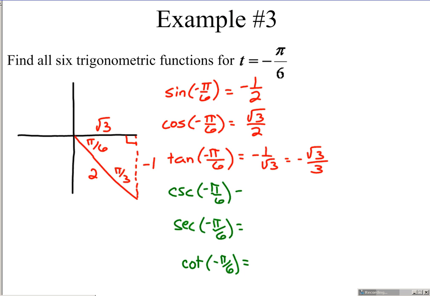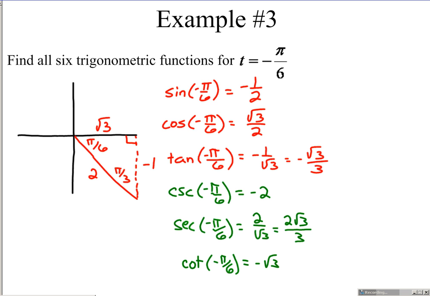Cosecant, reciprocal of sine, is negative 2. Secant, reciprocal of cosine, 2 over root 3. Rationalize that. Cotangent, reciprocal of tangent, is just negative root 3.